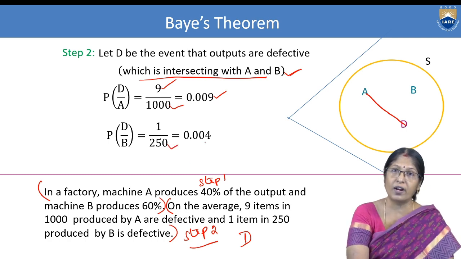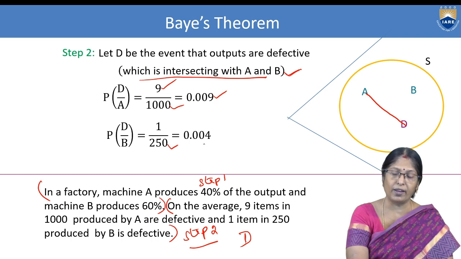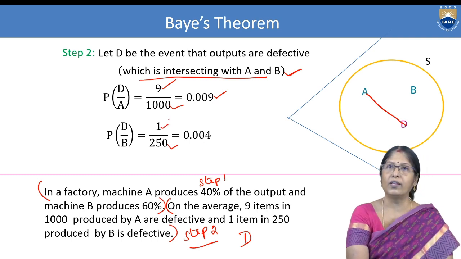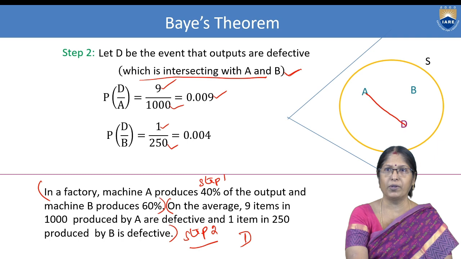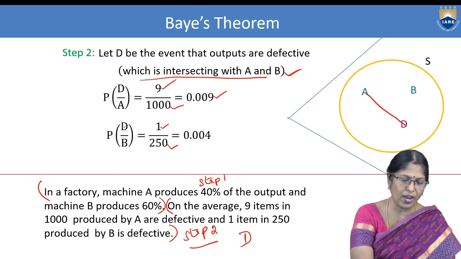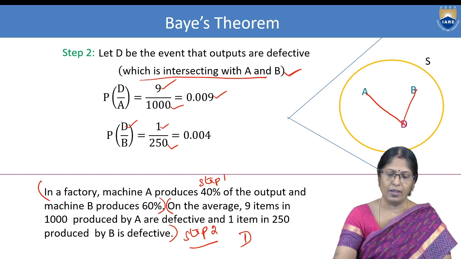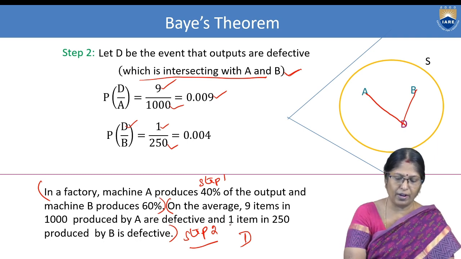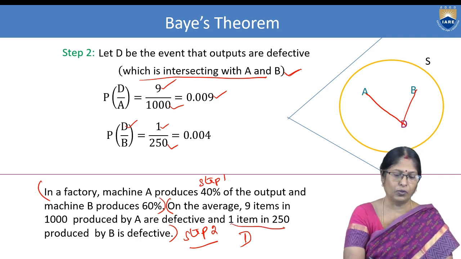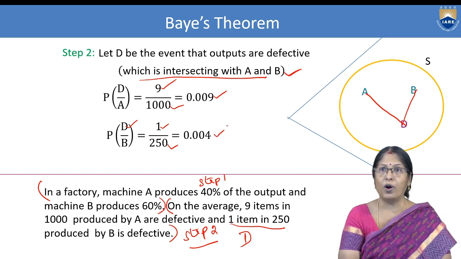That is, 250 outputs are there, and in that, one item is defective. In such a way our D event is intersecting with our B. Here it is given very clearly. So that value is 0.004. Now we will move to step 3.